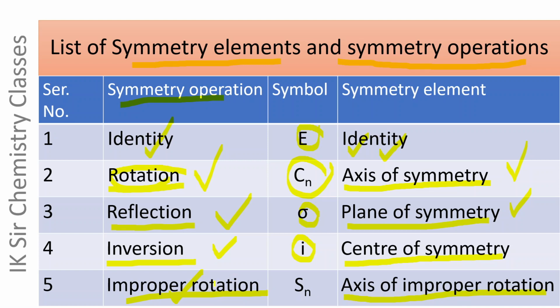Both improper rotation and axis of improper rotation are denoted by the symbol Sn. There are 5 types of symmetry operations and 5 types of symmetry elements corresponding to them as listed here. We will discuss these symmetry operations and symmetry elements in detail.